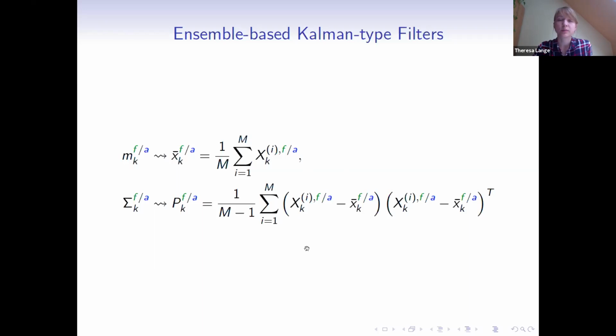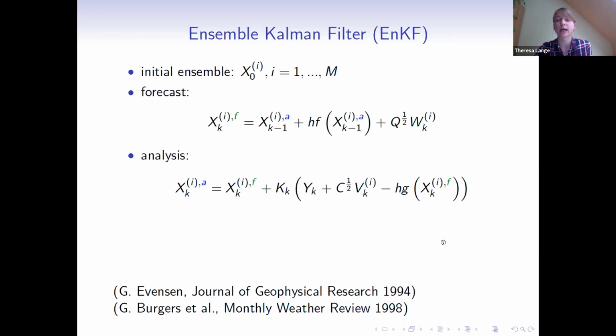A first algorithm that proposes the evolution of such an ensemble is called the ensemble Kalman filter, which really emulates the Kalman filter in that it also performs a forecast and an analysis step just in the way the Kalman filter did. Of course, in the forecast step, we need to use the whole model, so we also need to add samples of the model error in order to have sufficient spread of the ensemble.